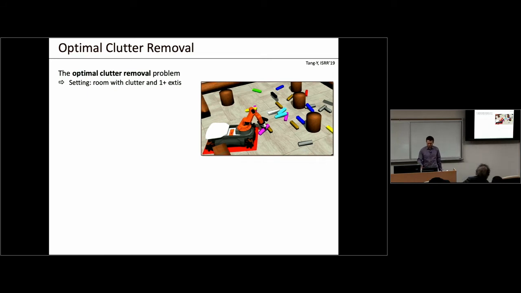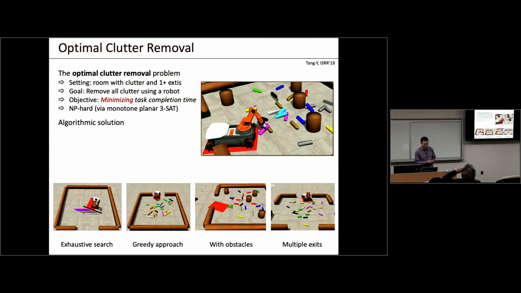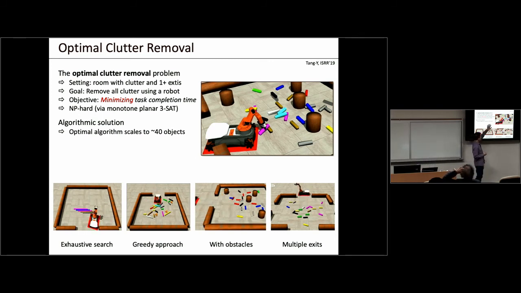The general goal is to remove all of these things while minimizing the task completion time. We can also show the problem is hard in extreme cases. In practice, we can use dynamic programming, again here, to solve problems up to about 40 objects in around 50 to 100 seconds.